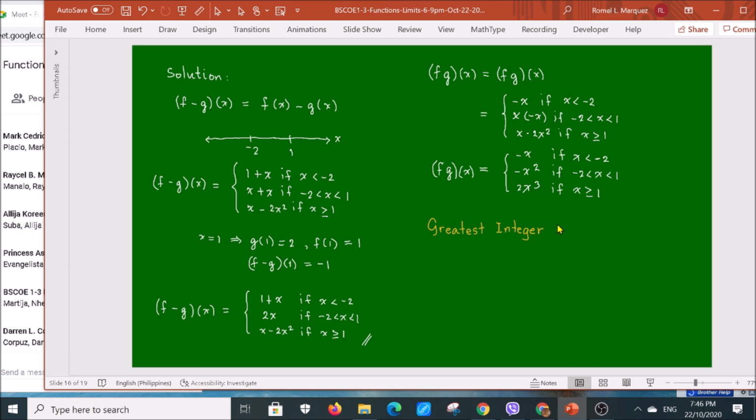Anyone who has encountered this? If you are computer engineering, we call this int in computer. So in computer, it is int. It is useful in rounding down numbers. Let's say you want to round down a number, so you can make use of this.